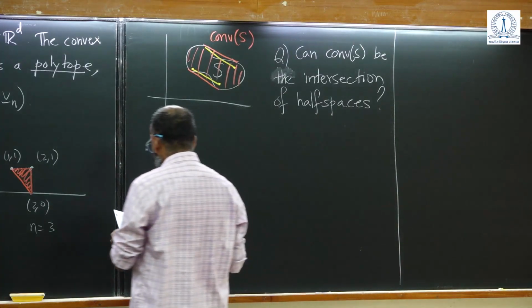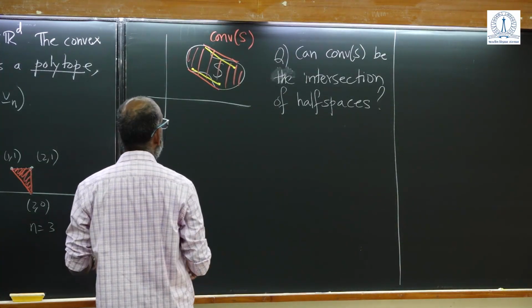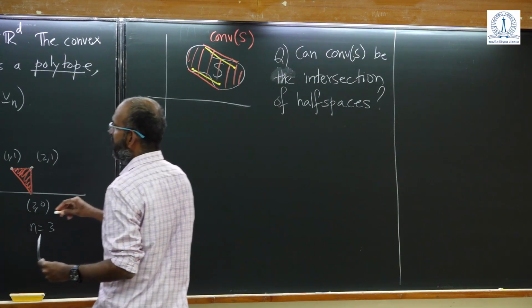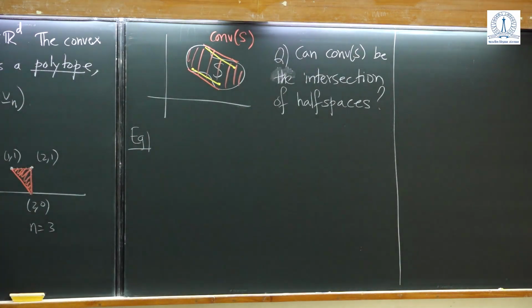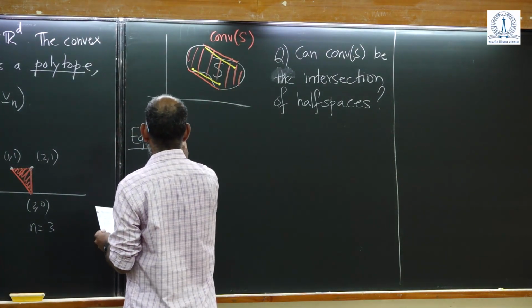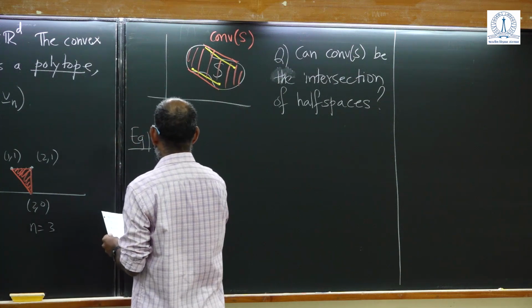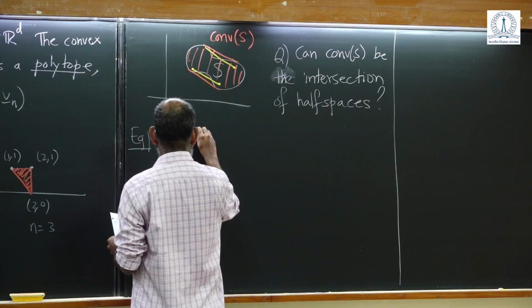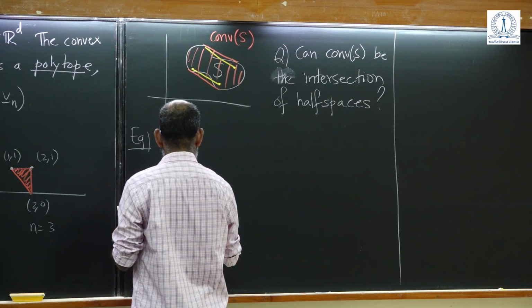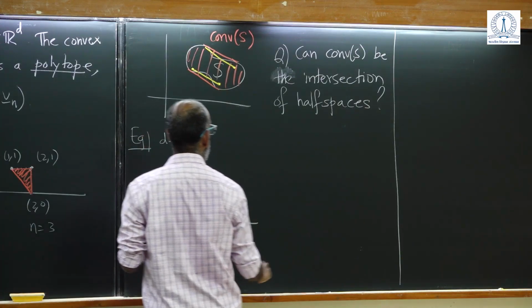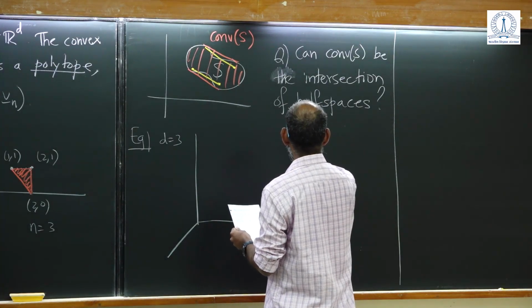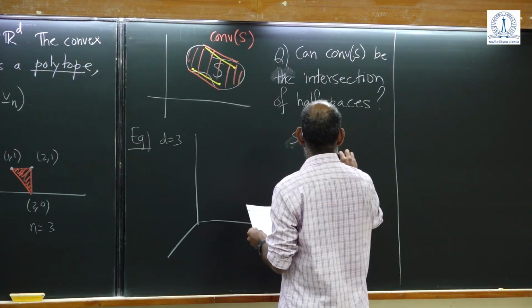Okay, so let's do a three-dimensional example. So this was d equal to 2, and here this is d equals 3. Let us take, okay, so I'm asking for S equal to conv of the following.